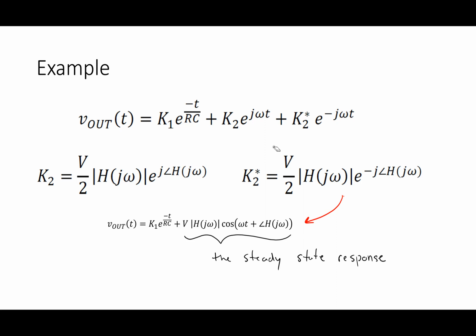And how much did it change by? The angle changed by whatever the angle of the transfer function was at that particular frequency. And the magnitude changed by whatever the magnitude of that transfer function is. So basically I plug in the magnitude of the transfer function at a particular frequency, and I use that value to figure out what the output's going to be.